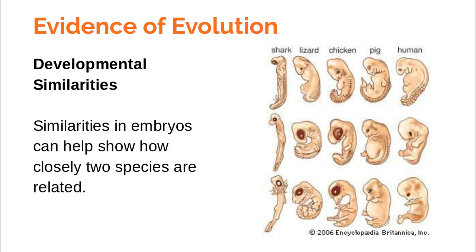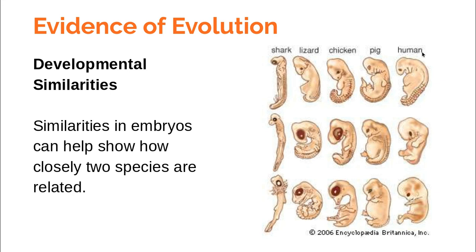When they have just been fertilized, the cells are starting to divide and grow and take shape into a living thing. Taking a look at these organisms, especially on the right, chicken, pig, and human, and even the lizard, honestly, all of those embryos look very, very similar. If I covered up these names, it would probably be hard to tell which one is a human versus which one is a pig.